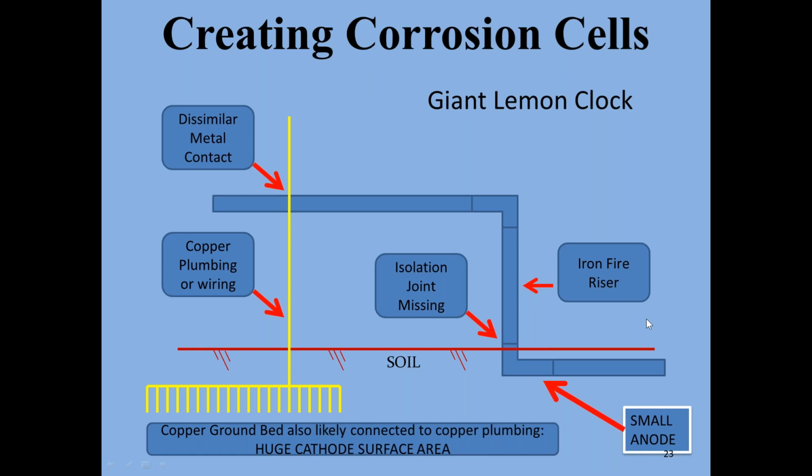I don't know how many people have played with lemon clocks or potato clocks, where you take a copper nail and a zinc nail and you punch them into the lemon or the potato, and then you connect a little LED light or a small LED clock, connect the wires to the 2 nails, and it will run, because that's how you make a battery.